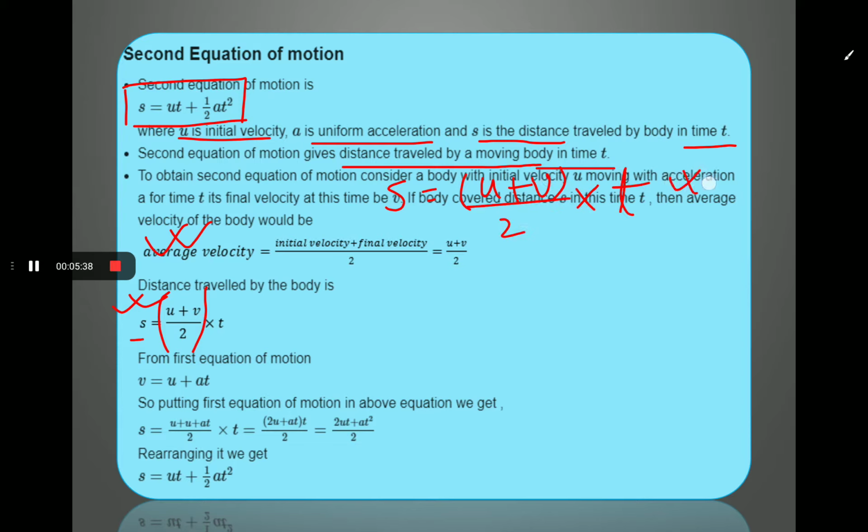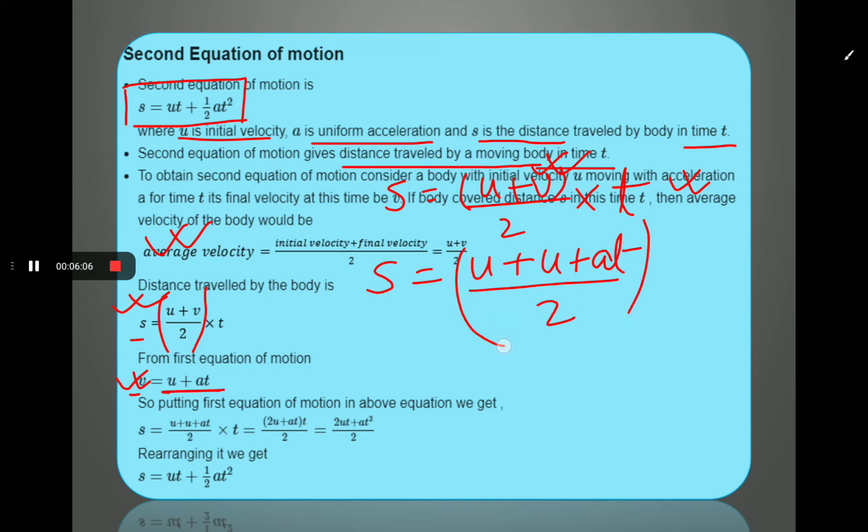In this equation, we put the value from the first equation of motion. S is equal to u plus, and for the final velocity, from the first equation of motion we know that v is equal to u plus at. So in place of v, we write u plus at, by 2, and the whole quantity is multiplied with time.